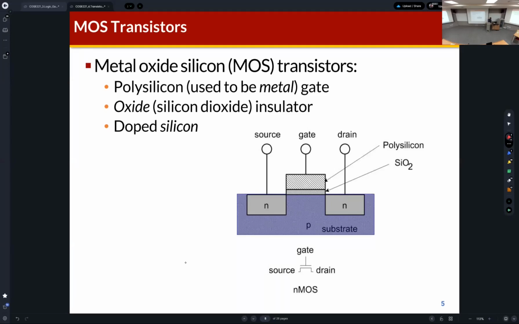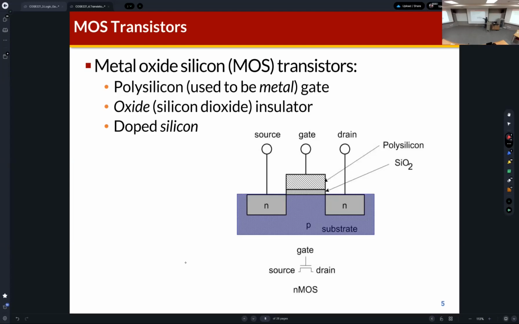MOS transistor represents metal oxide silicon. This terminology is very straightforward. It means that we can build a transistor using this metal layer and silicon dioxide.